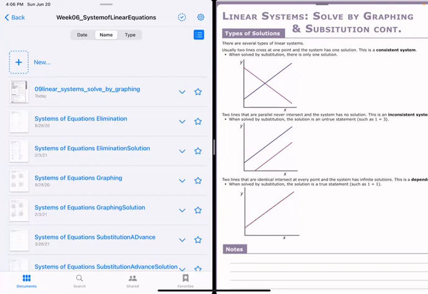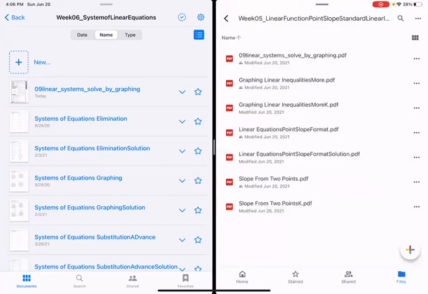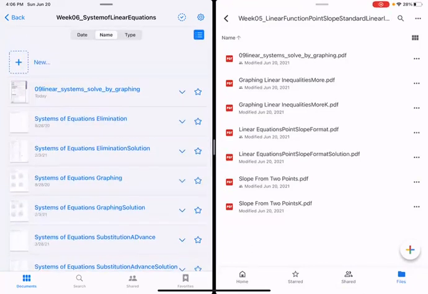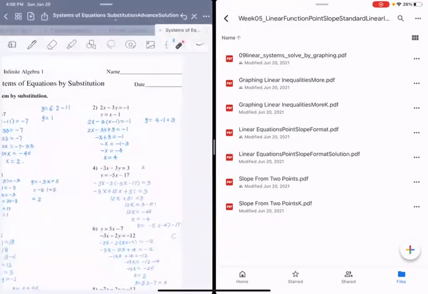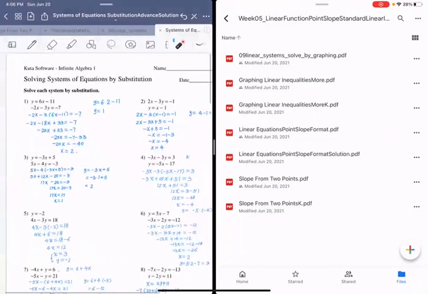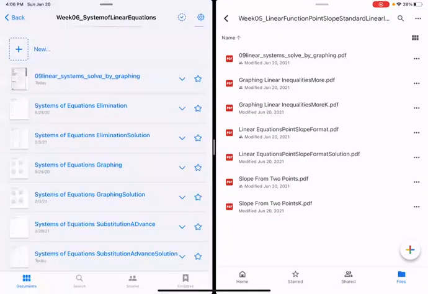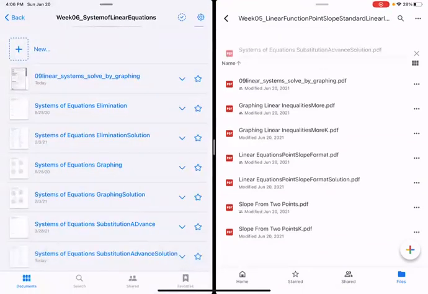Now I also want everybody to start using the substitution method. We did the question here and here. You can figure out all the others by yourself.